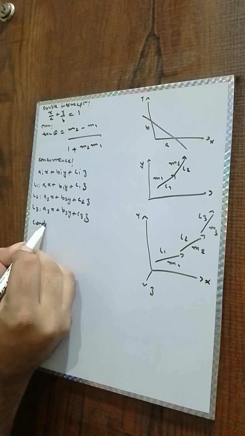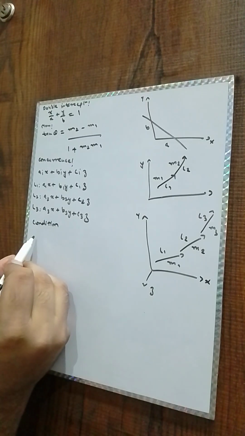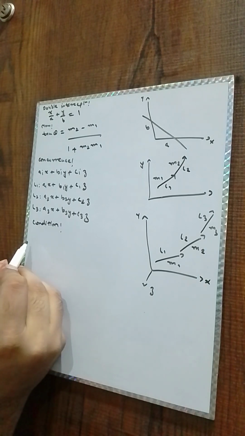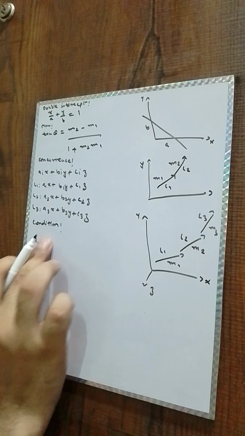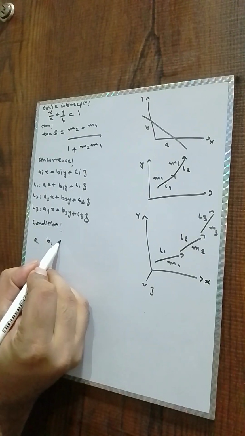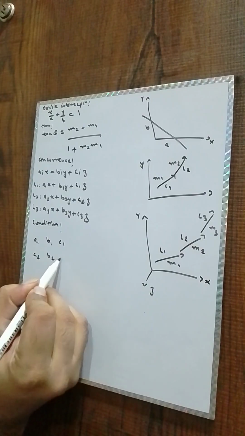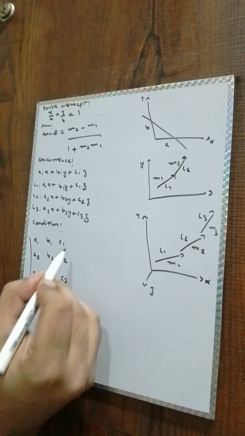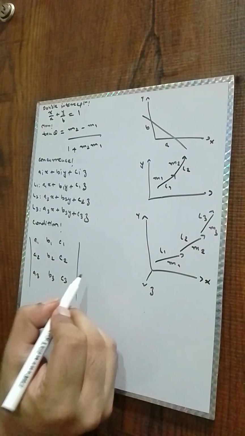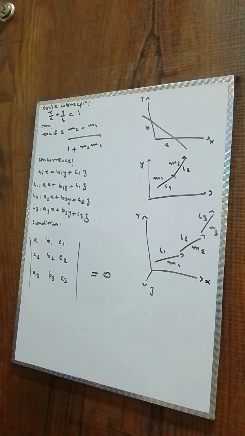So the condition for concurrence would be we form a matrix a1 b1 c1, a2 b2 c2, a3 b3 c3, and we take determinant, and this determinant should be equal to 0. So this is the condition for concurrence of lines, and this is the case for 3 lines here. It's also possible for 2 lines to check.